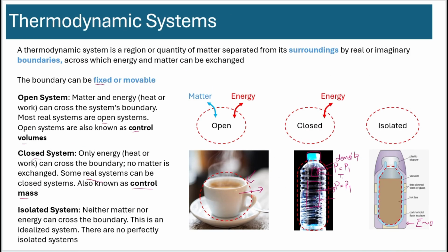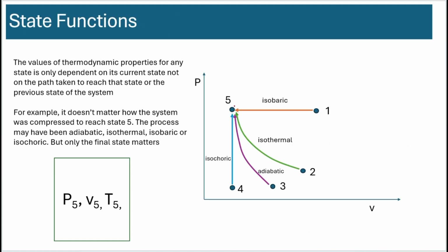Instead of a bottle of water, let's say there's a bottle of gas at a particular state, state number 5. It has a particular pressure, and in this case, specific volume.